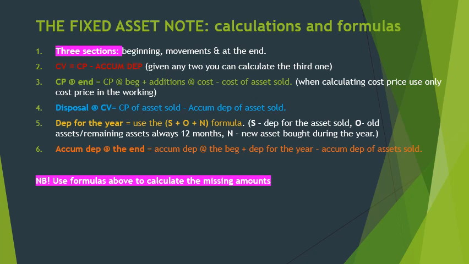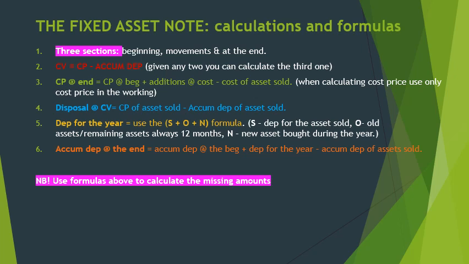These are the assets which were in our business from the beginning till the end of the financial year. So the period is always 12 months if it is old. Then N is for new assets bought during the year, where you calculate the fraction of the year. So when you calculate, you need to change some of the figures. You also have to reason out whether some figures were already entered or were not entered.